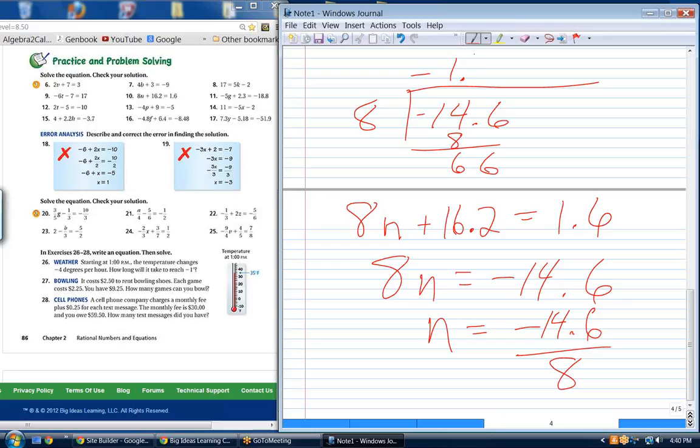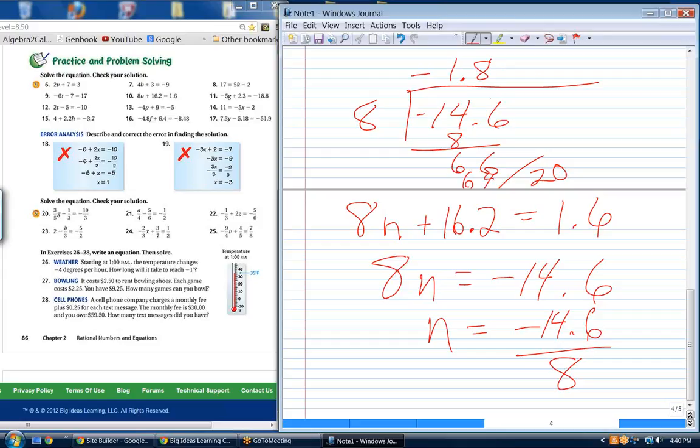So then you see how many times 8 goes into 66. It goes into 66 8 times. Okay. And then minus. You with me? Yeah. Then there's a 2 at the top.